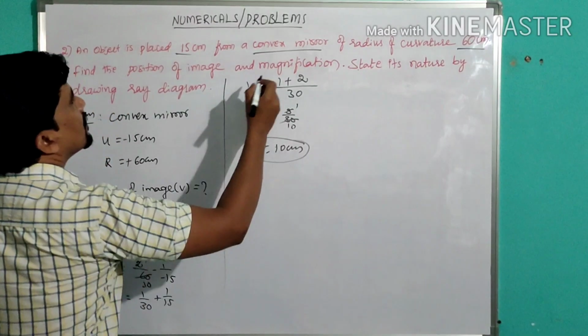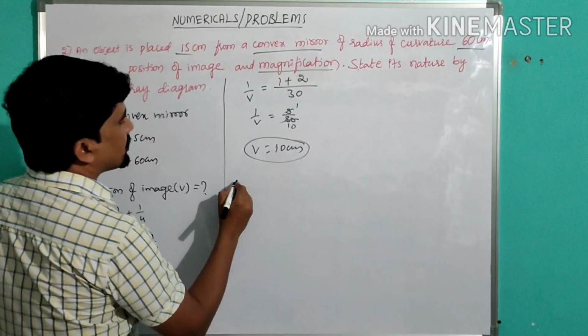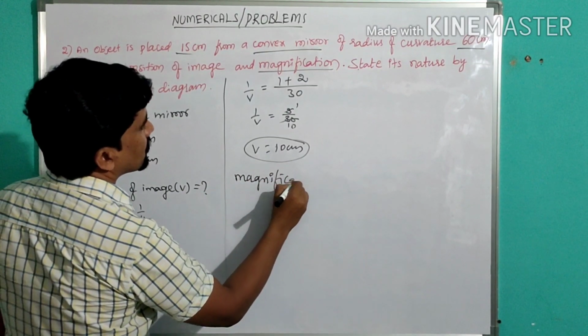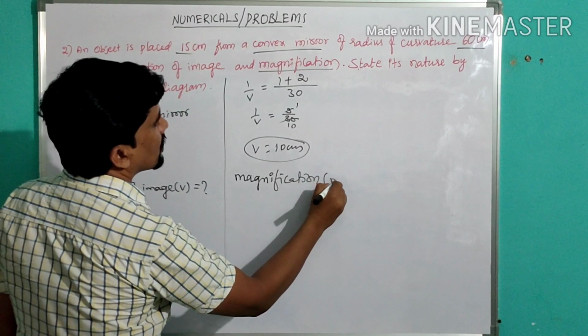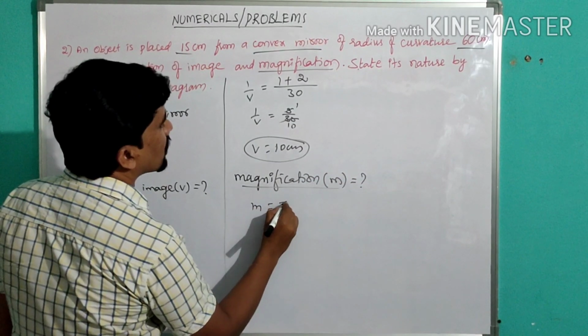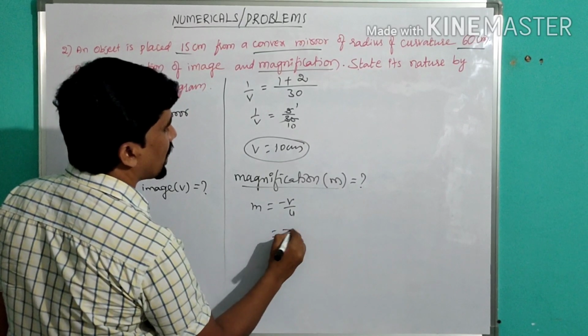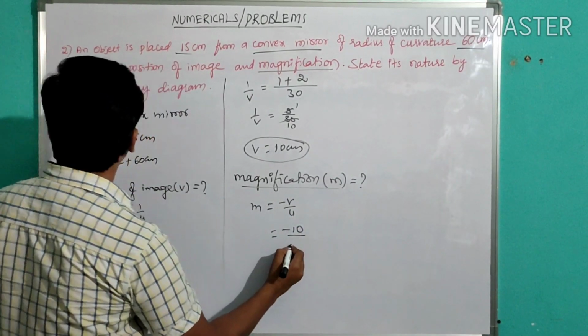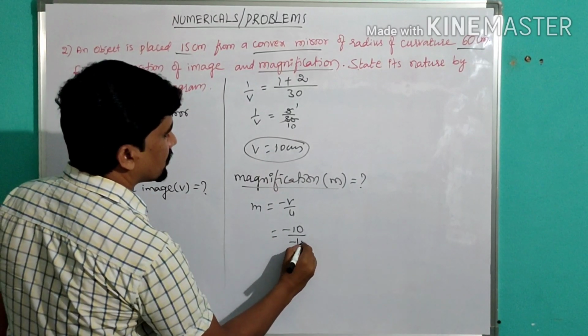Next, magnification. That is m. m equals minus v by u, minus v value 10, u value minus 15.